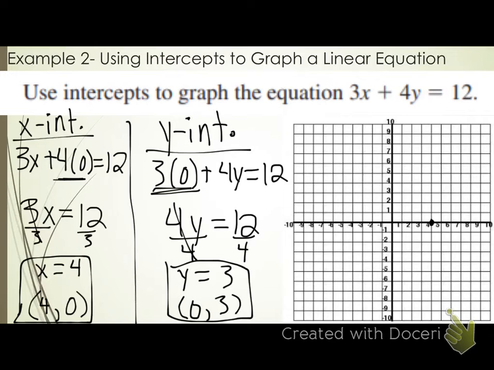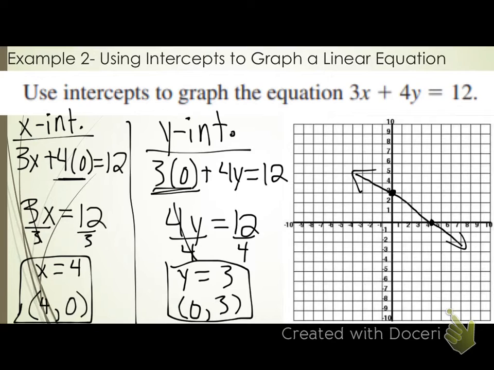Everyone agree with that? (0, 3), I'm not going horizontally any, but I'm going up 3. So that'd be right there. Does everyone agree with that? Then I connect my points. And I now have the graph of 3x plus 4y equals 12. Everyone got that?